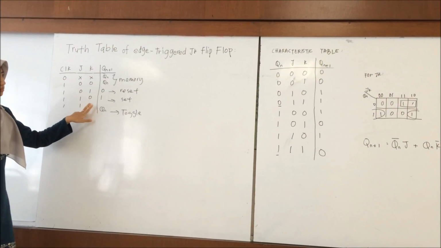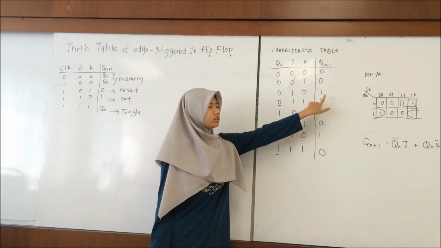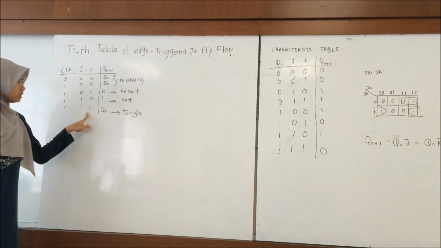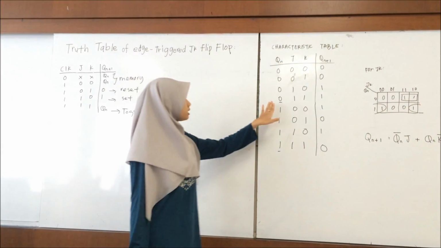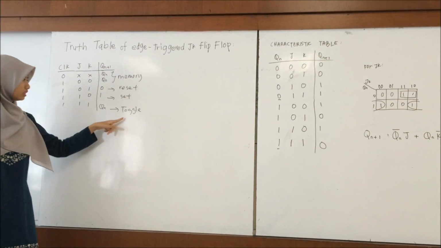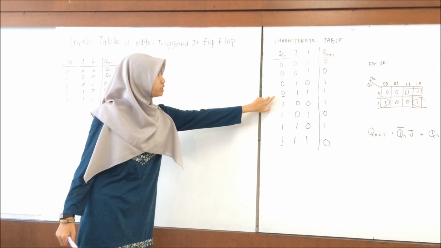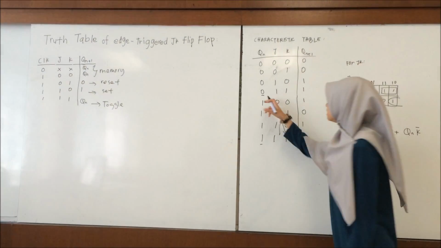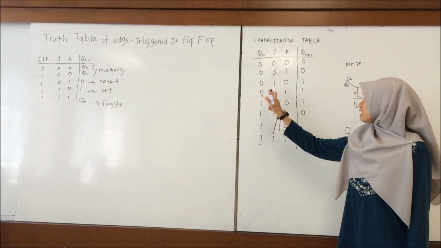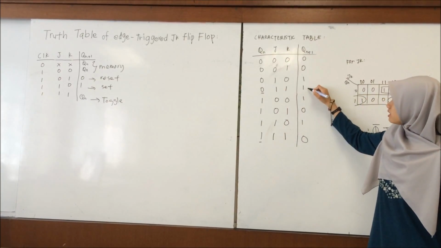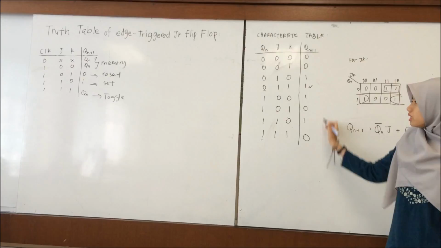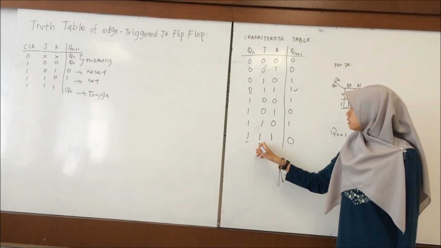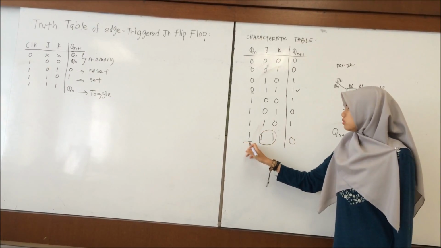When 1 0, the output result is 1, and then when 1 1, it is in toggle condition, so it depends on this Qn. We will complement 0, and then this output result will become 1. And the same with 1, this condition is in toggle condition, and then this will become 0.